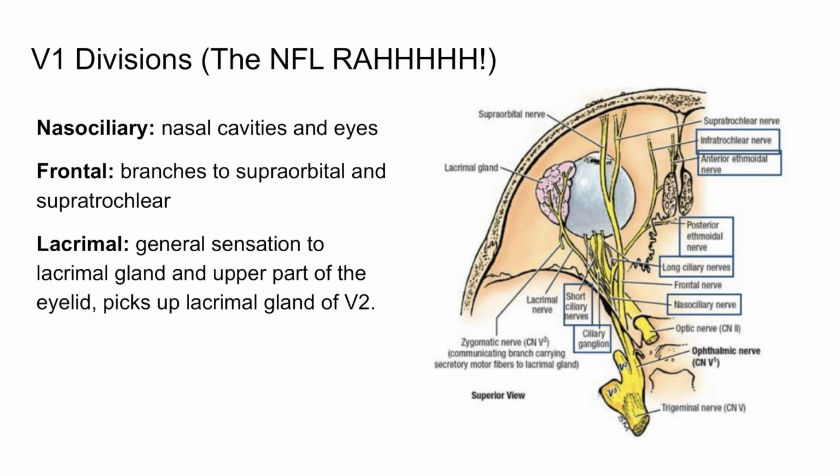So even though it's a V1 branch, it ends up being part of the pathway for tear secretion. So again, this is a recall to one of those hitchhiking pathways, right? So if you organize it cleanly, nasociliary is deep and tied to eyes and autonomics, frontal is superficial and goes to the forehead, and the lacrimal is superficial but functionally important for tear distribution.